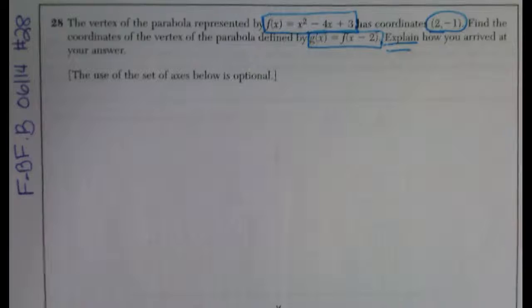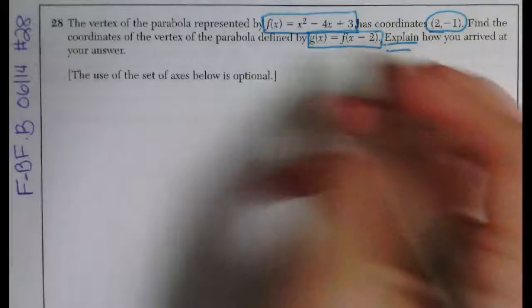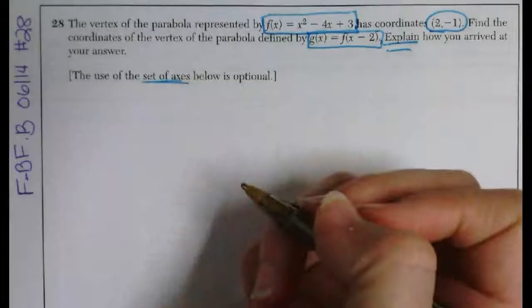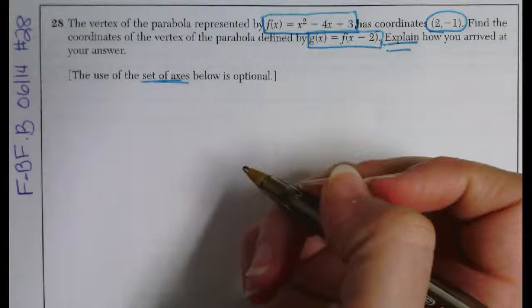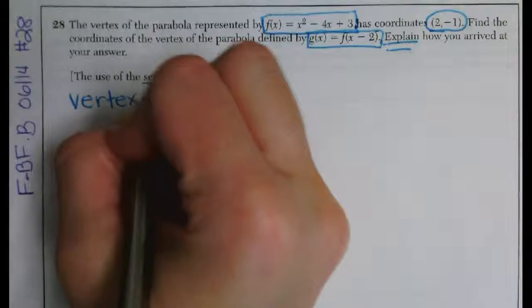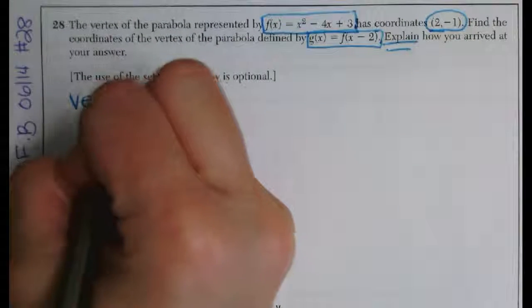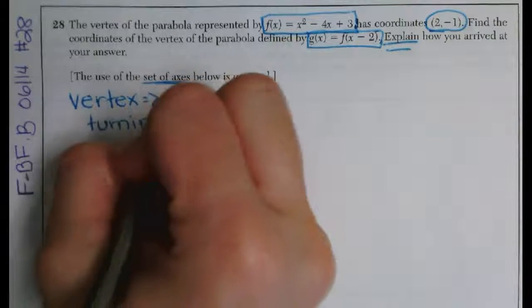We will be using a calculator because we can use it graphically if we want, or we can also do it algebraically. But just a couple things to remember. Vertex is the turning point of the parabola.